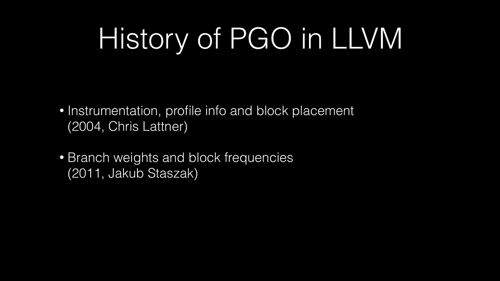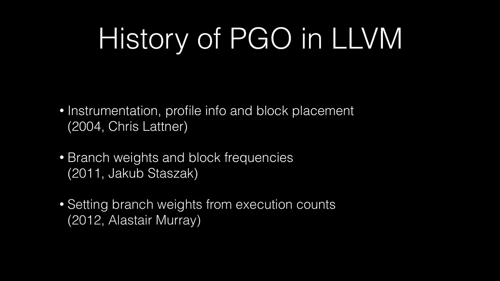A few years ago, Jakub Stazik added the core infrastructure that we're using now for branch weight metadata, and then the computation using the metadata to compute the block frequencies. We wired that up to a few different optimizations, most notably the current block placement algorithm that Chandler implemented.